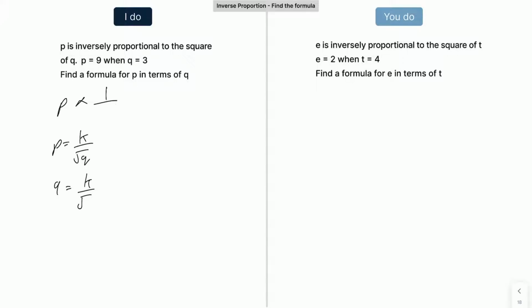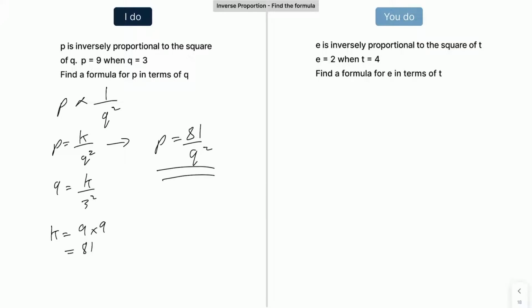So that'll be Q squared. So I was just about to say you can't square root 3, so that's going to be 3 squared. So that will be K is equal to 9 times 9, which is equal to 81. And then the answer becomes P is equal to 81 over Q squared.